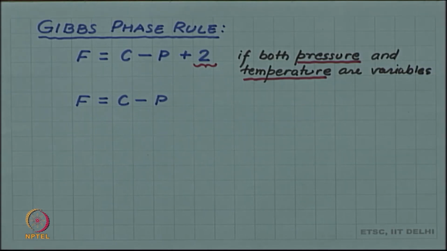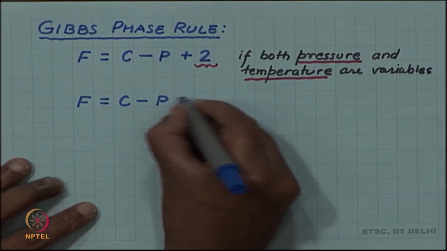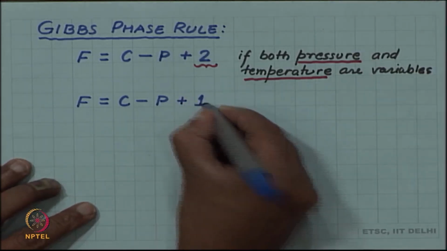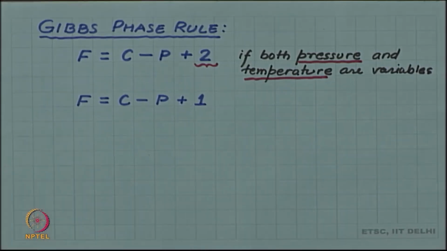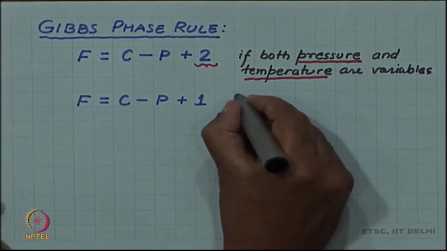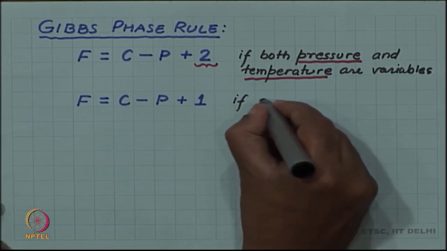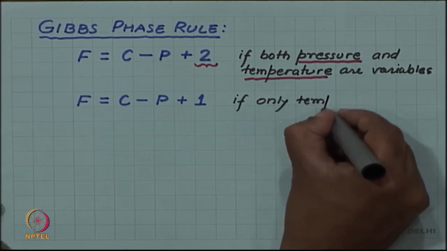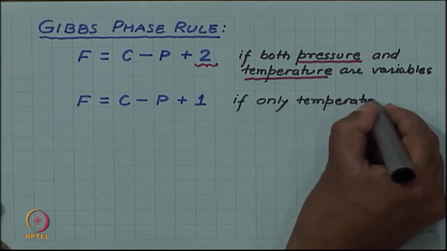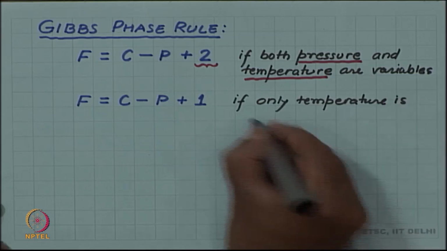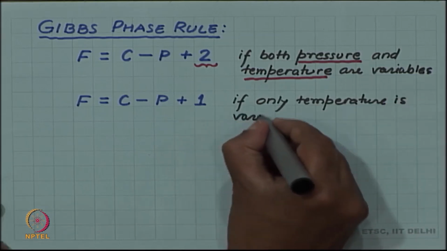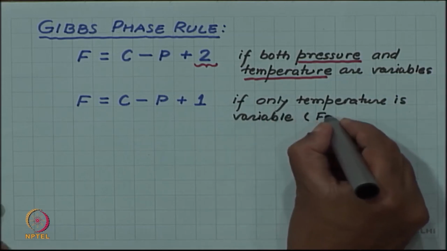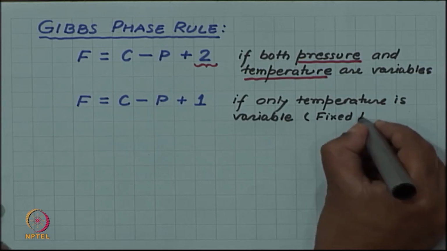But if pressure is fixed, as in the diagrams which we have considered till now, then this will become 1, if only temperature is variable, fixed pressure.